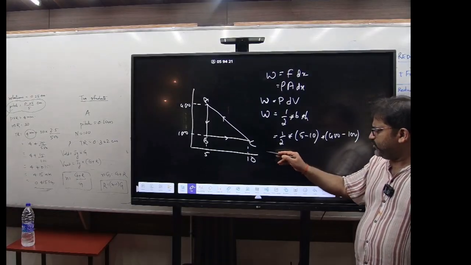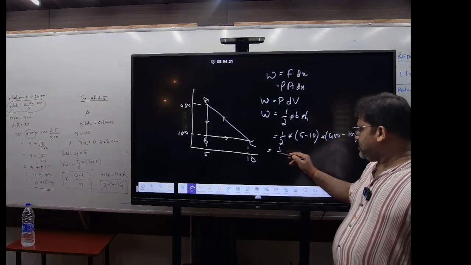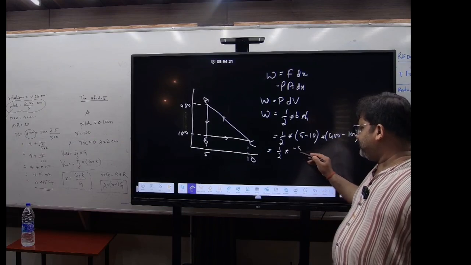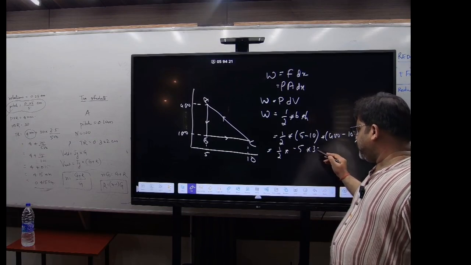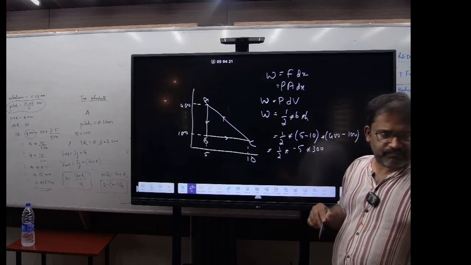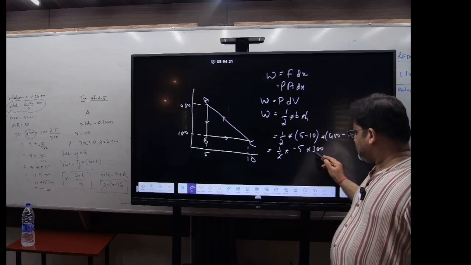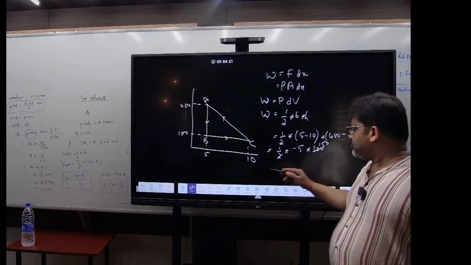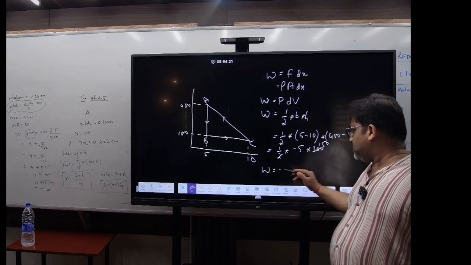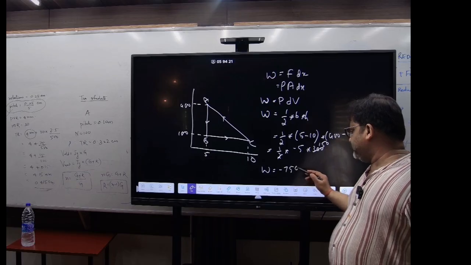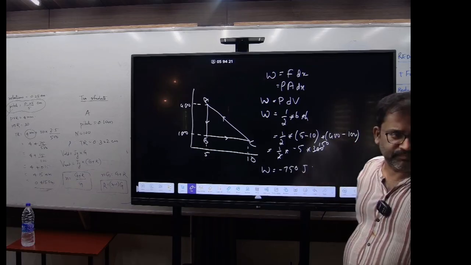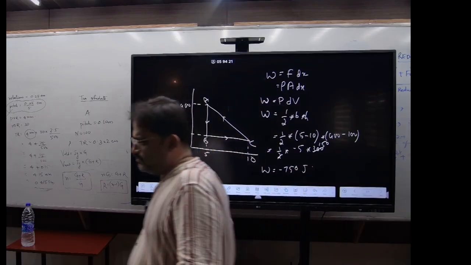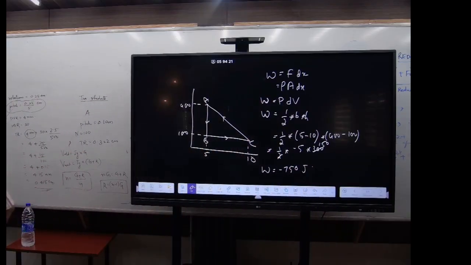So that is half into minus 5 into 300. So 2 times 1, 2 times 150, so the work done is equal to minus 750 joule. So the right option is option 1. Verified?